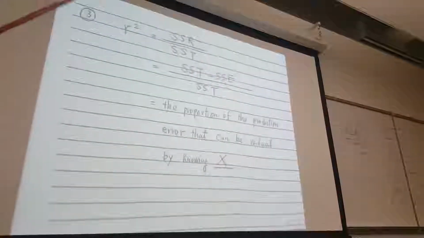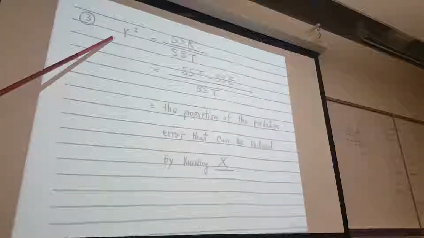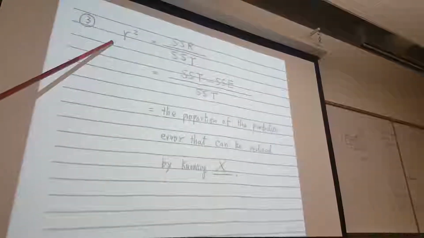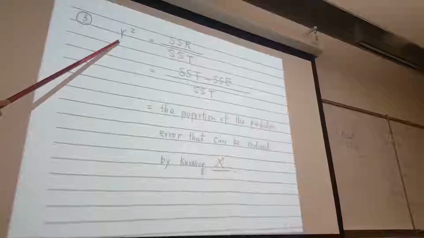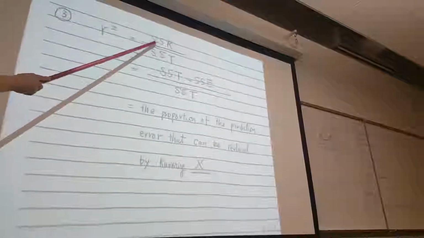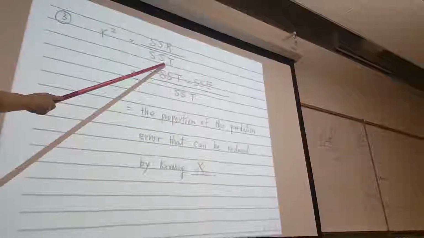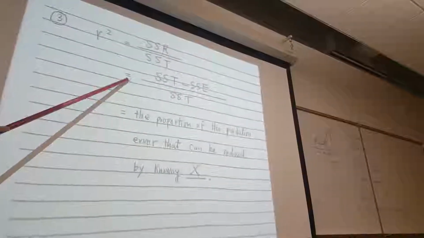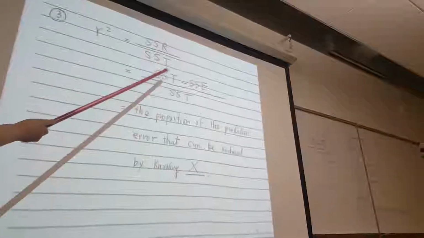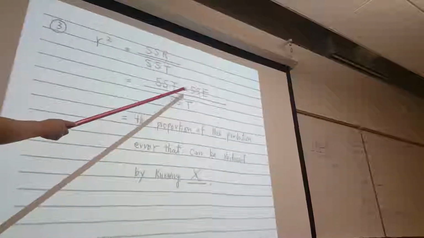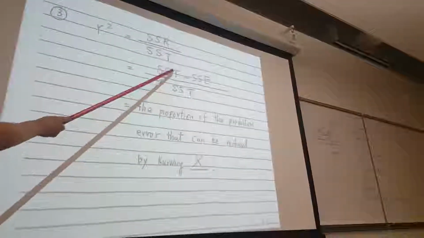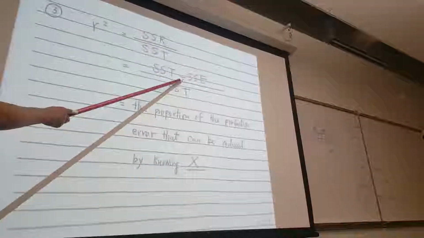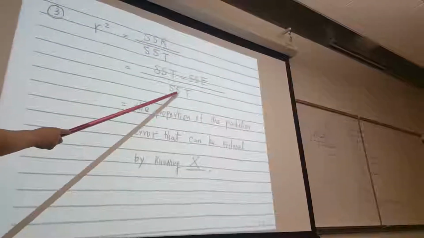This is the third interpretation, or third point of view, about R squared. R squared we know is equal to SSR over SST. But in the third point of view, we're going to change to SST minus SSE, because SST minus SSE is SSR, divided by SST.